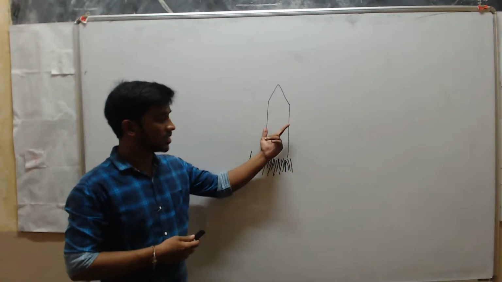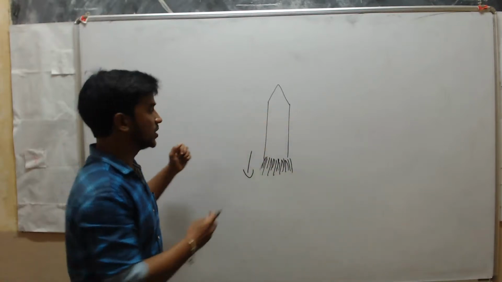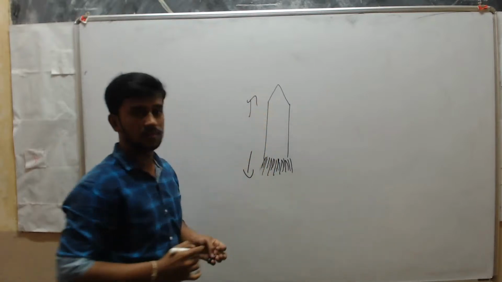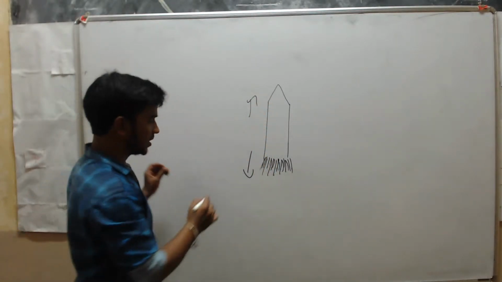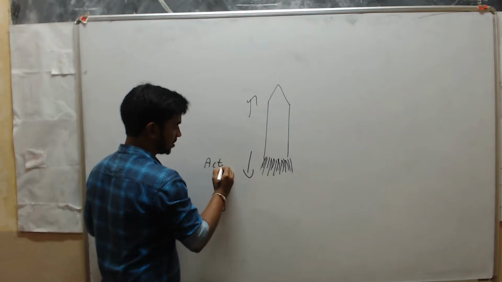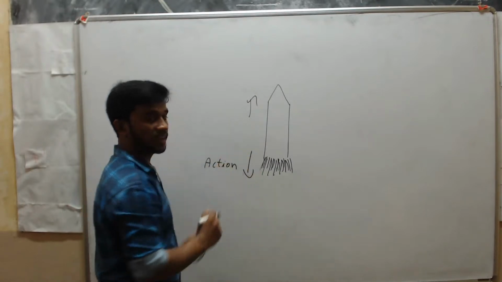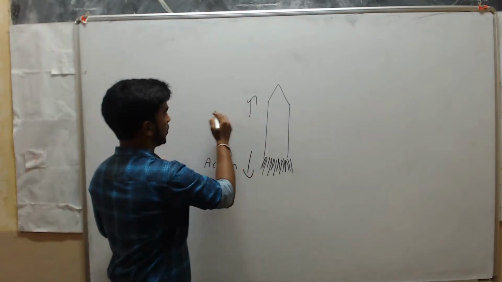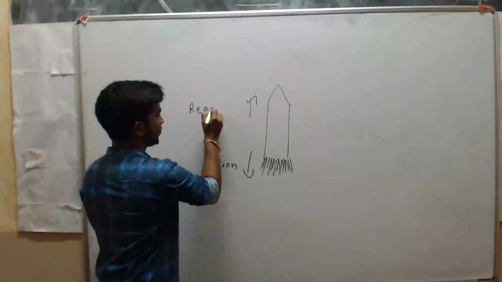Then this upper body, the rocket, will move forward, right? This is the action, and the rocket moving forward is the reaction.